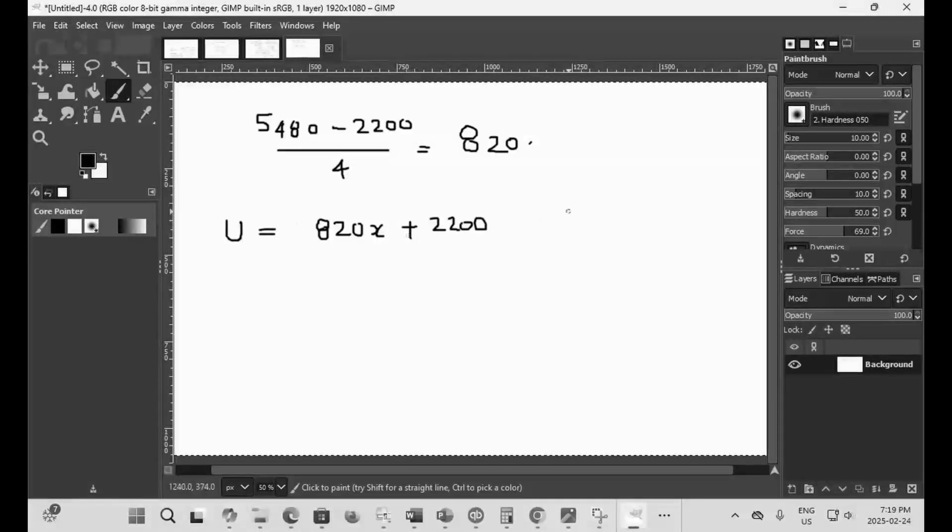X stands for number of months. X equals number of months.